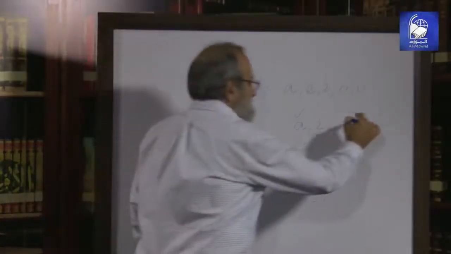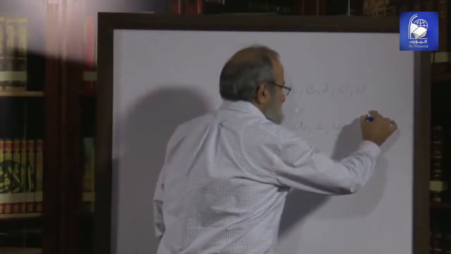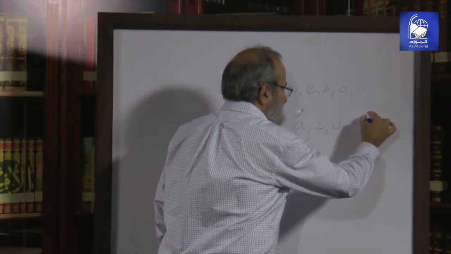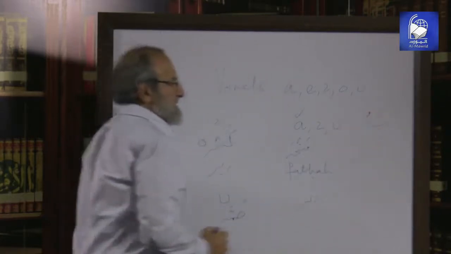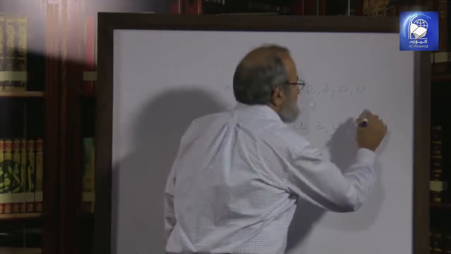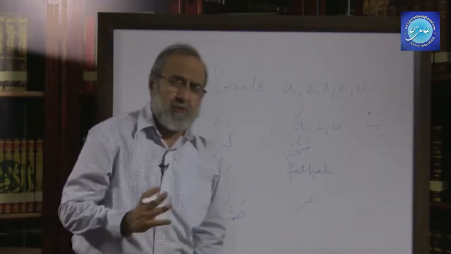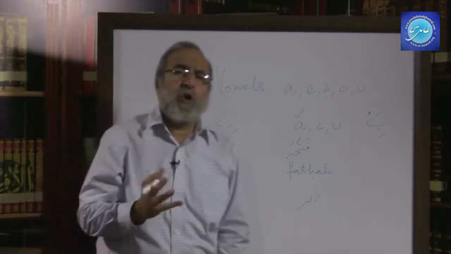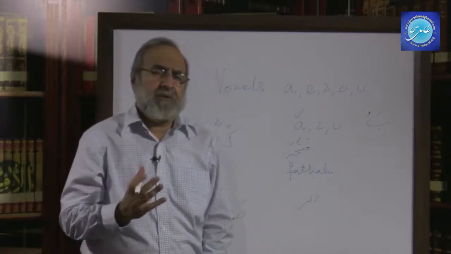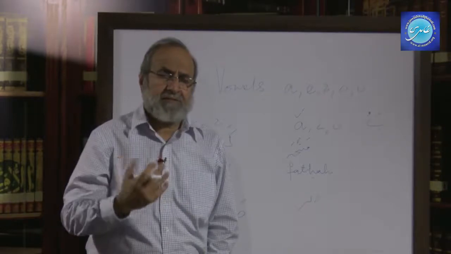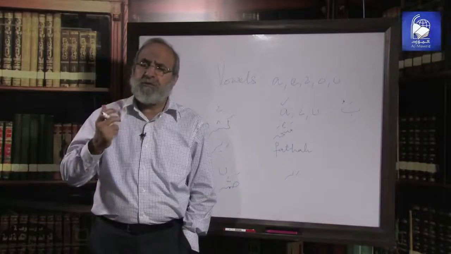Which if we use with an Arabic letter like ba, it's going to be like this. It's somewhat like a comma in English, and it gives you the sound of bu.